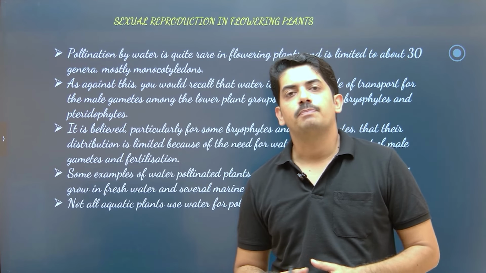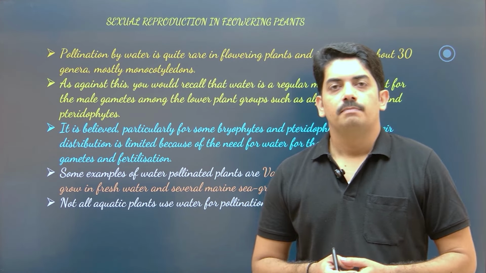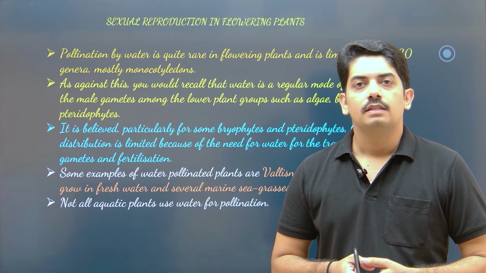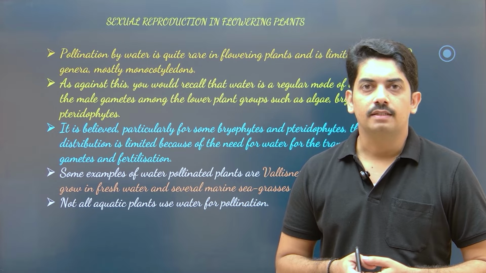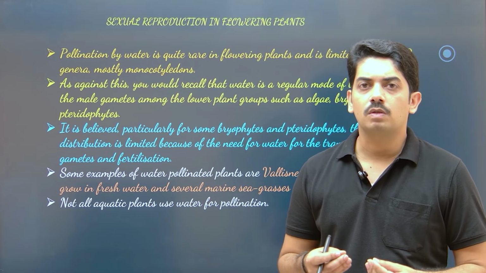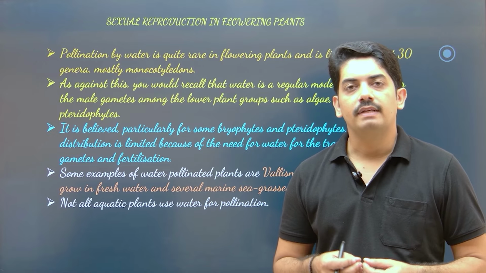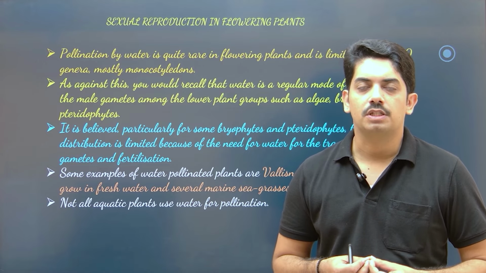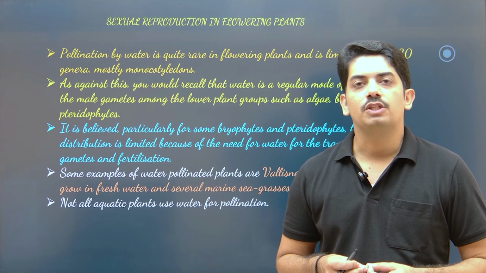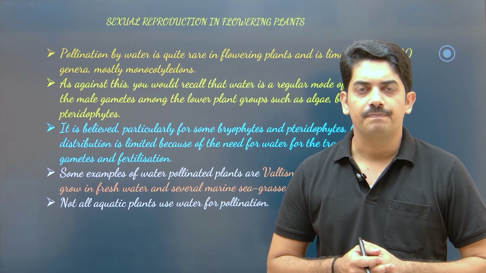Now next one is pollination by water. See, abiotic factors like wind play some more role in pollination. But when it comes to water pollination, very limited genera of plants show pollination by water.